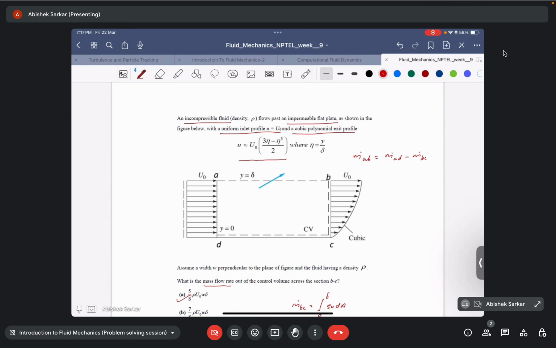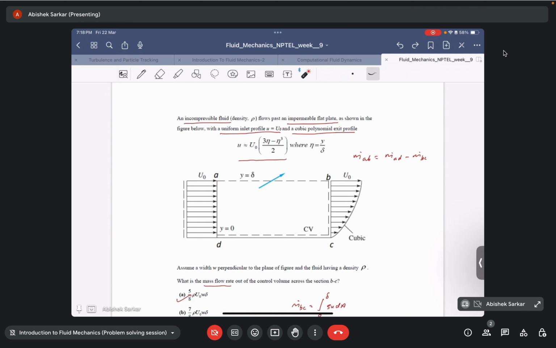Once we are in a regime of questions that deal with finding net forces on a particular geometry, a flat plate in this regard, we then need to use the conservation of linear momentum to find the net drag force that acts on the plate. You will see in the next week that similar problems would be asked, where you will be asked to find the net drag force that acts on the flat plate.